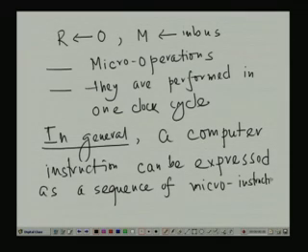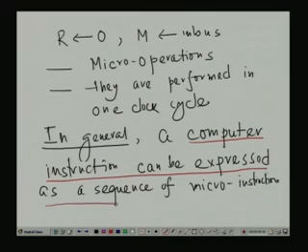So, this is one very important concept, that a computer instruction can be expressed as a sequence of micro instructions, and micro instructions are nothing but this type of register transfer or the bus transfer.